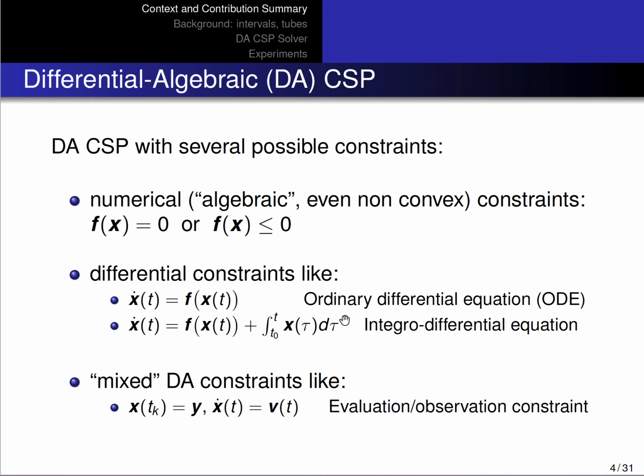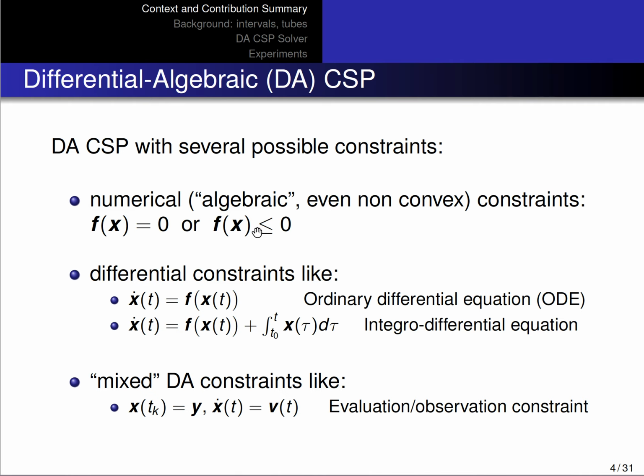Different possible constraints can be defined in a DA-CSP network: standard numerical constraints, equations or inequalities, and also differential constraints like ODEs. The ODEs are the most common differential constraints, where the derivative of the trajectory of time t depends on the value of x at the same time t, but also integro-differential equations, where the derivative of x depends also on the values of x before t, because of the integral here.